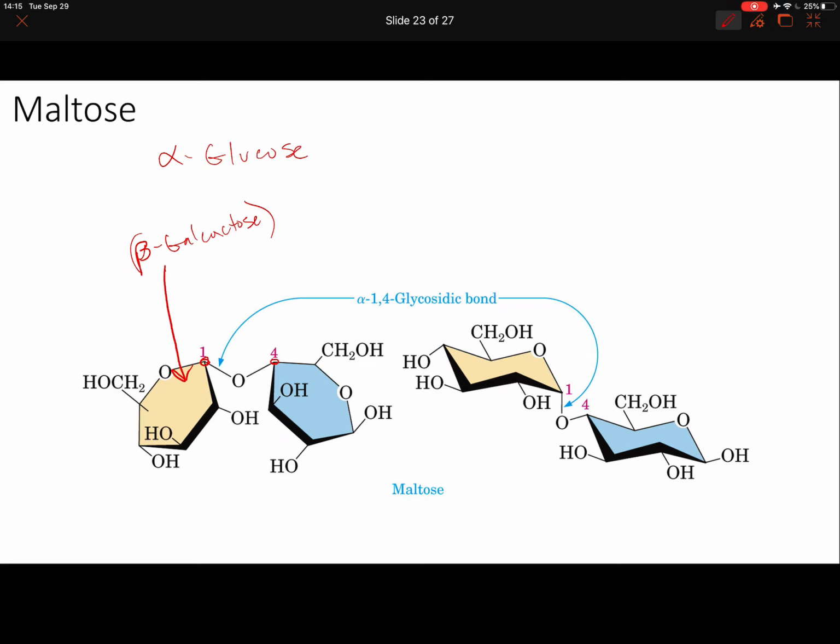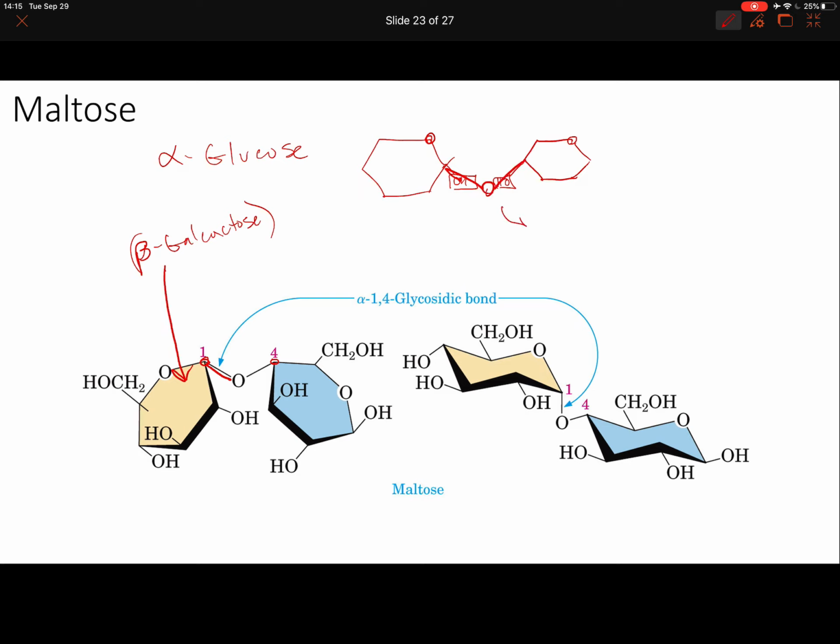The bond, of course, in this one is called an alpha because the OH group was down on this sugar and down on the other sugar. So it was like this. So these guys are linking together.